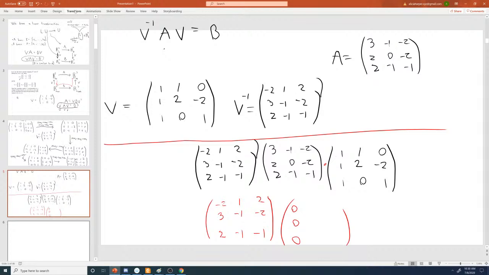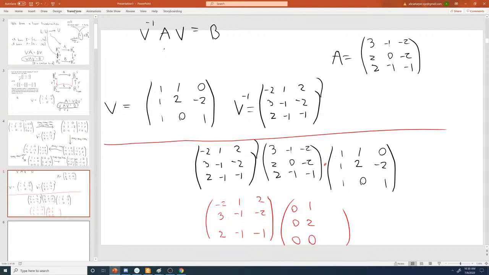If I multiply the second column by this first row, I see that I get 1. Down here, if I multiply this by this, I see that I get 2. And this by this, I see that I get 0.